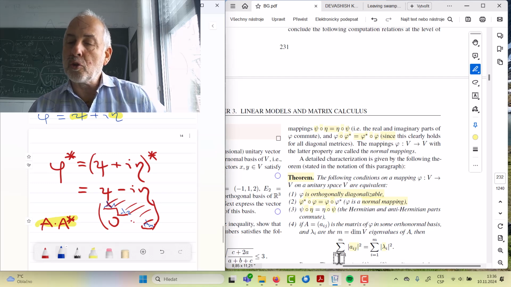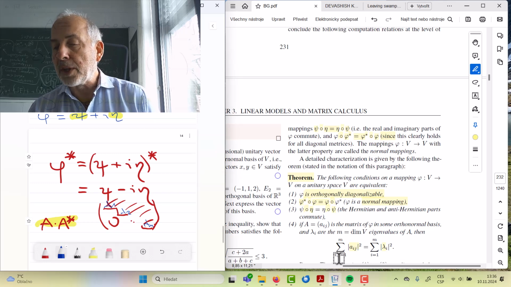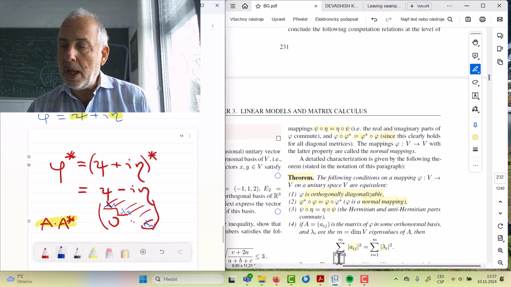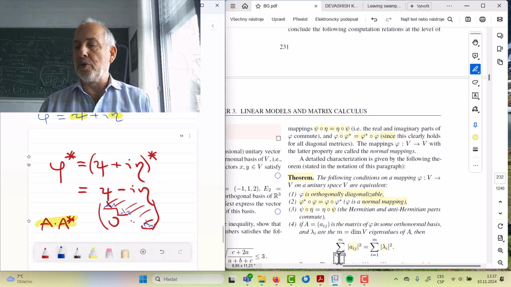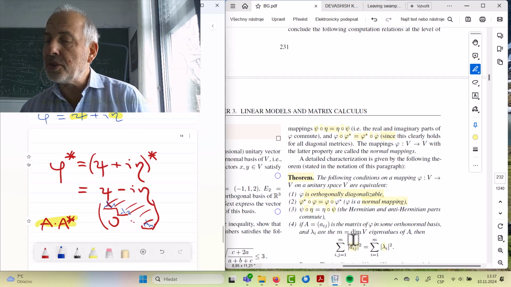And then of course you see immediately that if for each linear mapping you can find an orthonormal basis where the shape of the matrix will be this one, then you come already close to this, and this is the way it's proved, right? So I will not go into further details, but this is quite a stunning characterization which works in general.